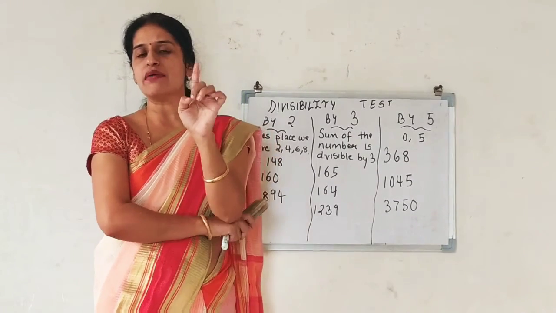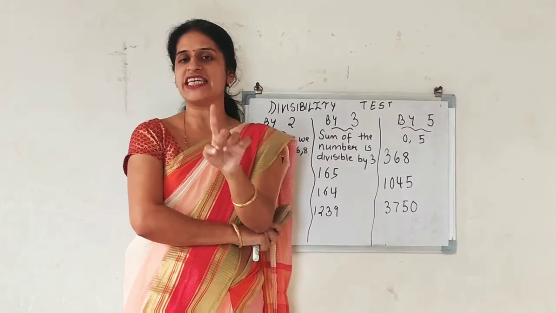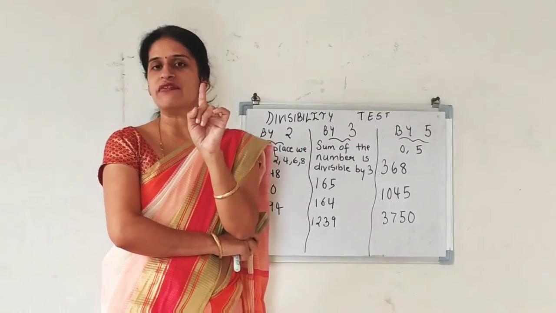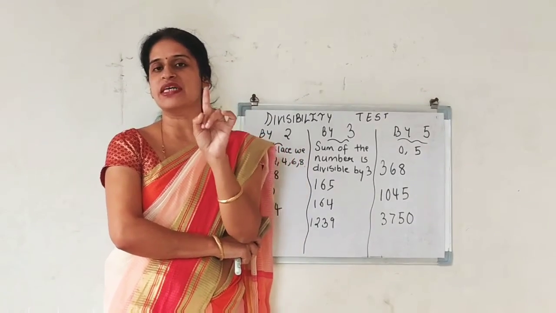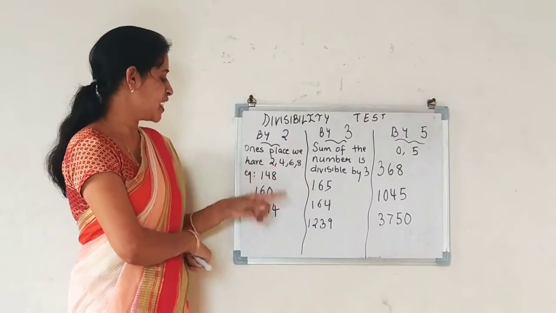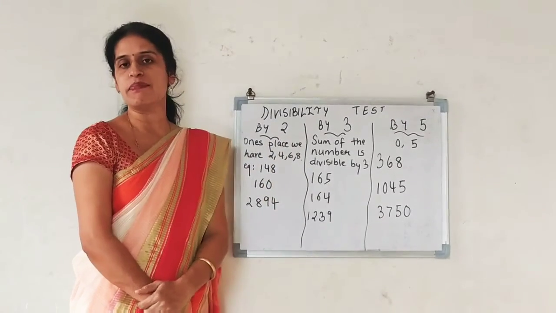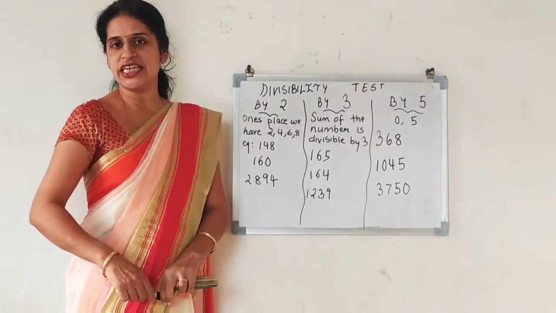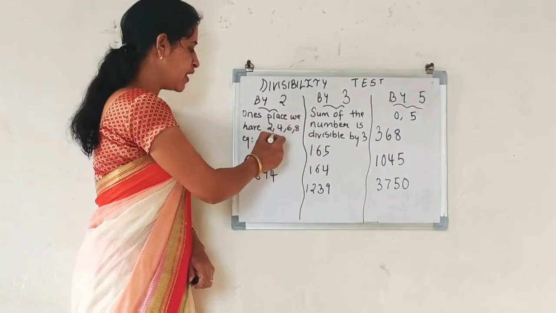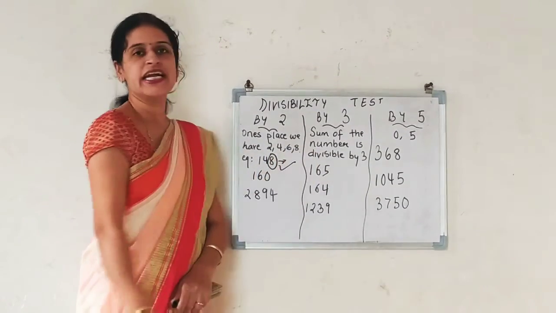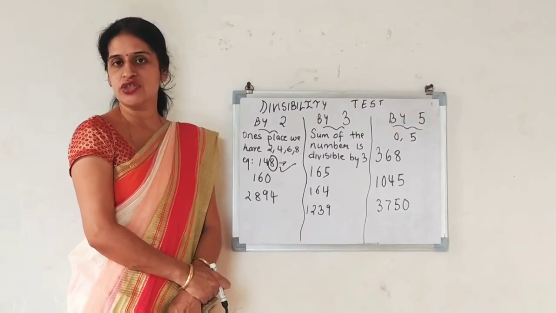If you see 2, 4, 6 or 8 in the ones place, you are confirmed that the number is divisible by 2. For example, I have written the number 148. In the ones place, we have a digit 8. It means it is divisible by 2.